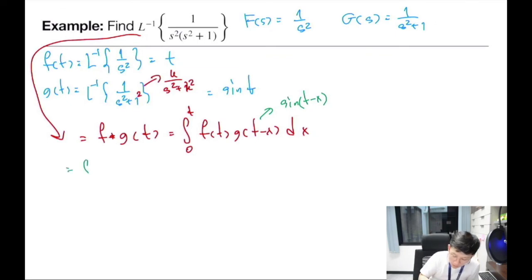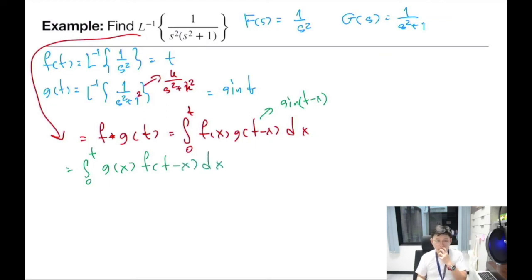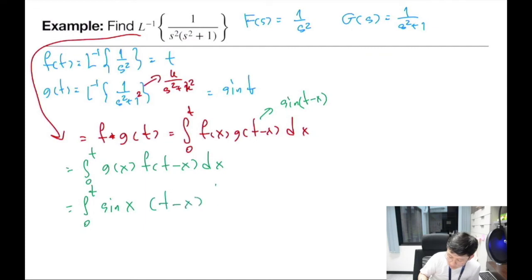We would use integrate 0 to t, g(x) f(t minus x) dx instead. So here it will be integrate 0 to t, g(x) would be sine x, f(t minus x) that will be just t minus x, dx.